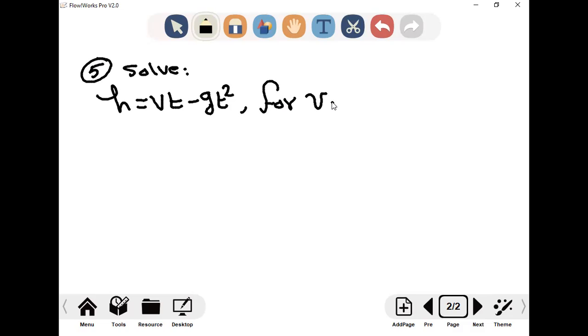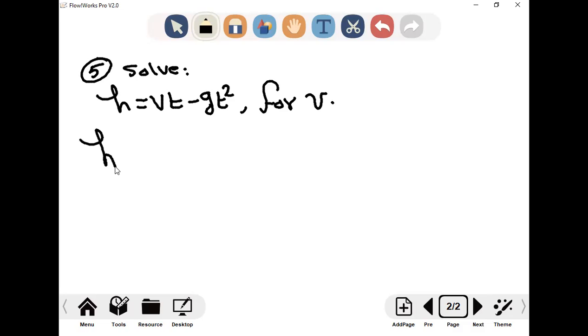Here the idea is solving for a variable, right? You need to do steps until you have v alone at the end. Here to find v, bring the negative gt power 2 here. Shift.